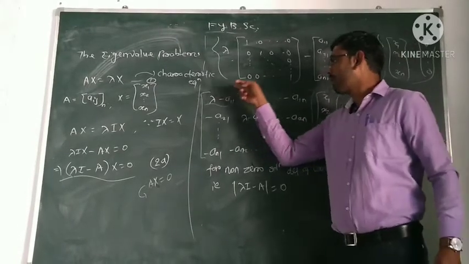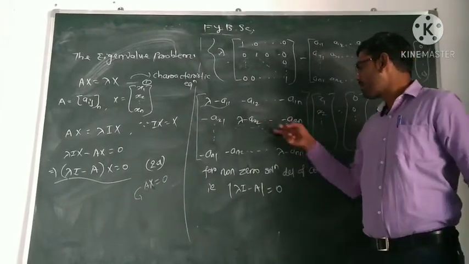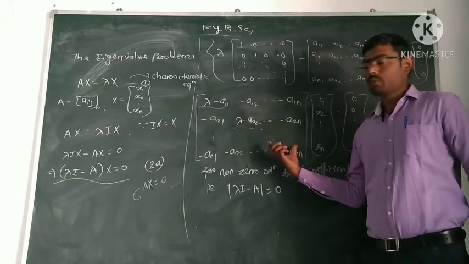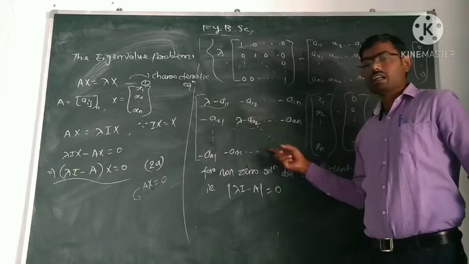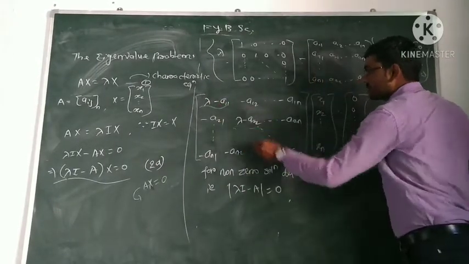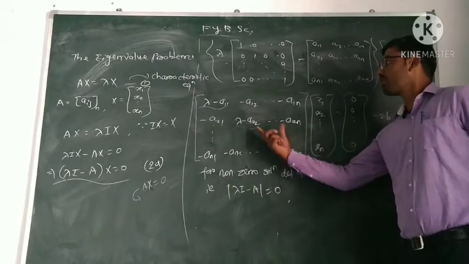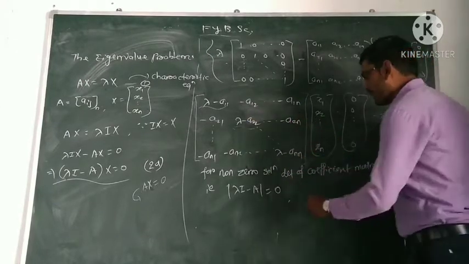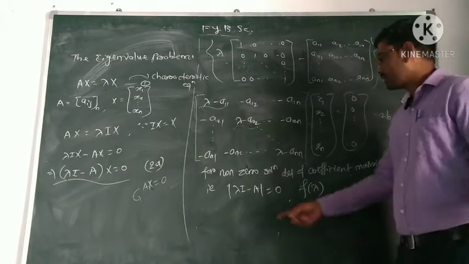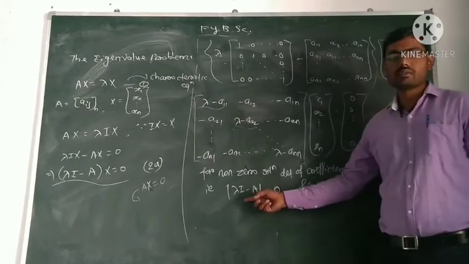When we solve this determinant of the n by n matrix, we get a polynomial of degree n in lambda. This equation is called the characteristic equation.